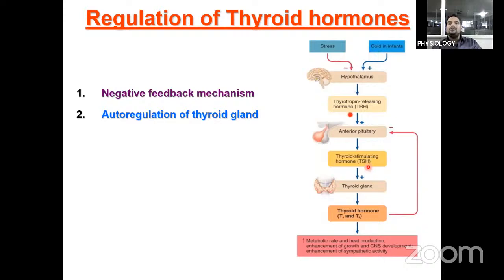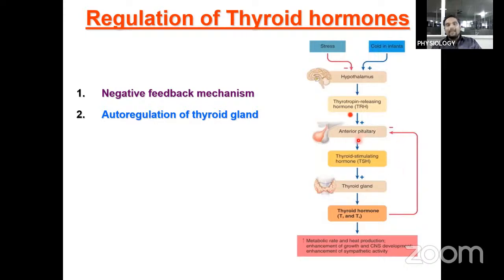It will increase the number of follicular cells, that is called hyperplasia, and it will also increase the size of your follicular cells, that is called hypertrophy. With the help of these two actions, it will increase your thyroglobulin condensation reaction and your organization reaction. In that way, it will increase your T3 and T4 in your bloodstream, and it will satisfy your thyroid hormone necessity.